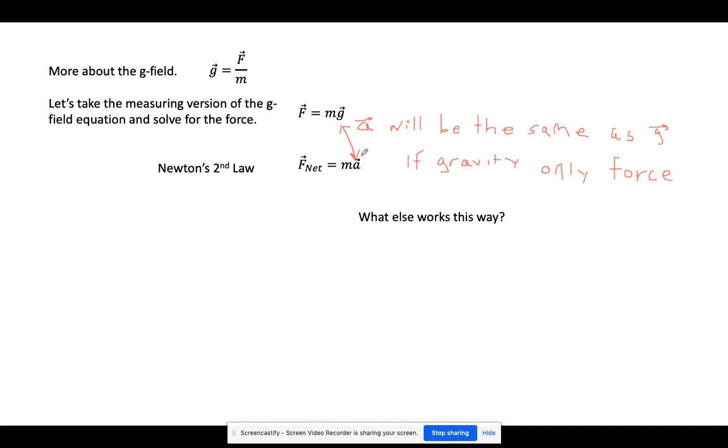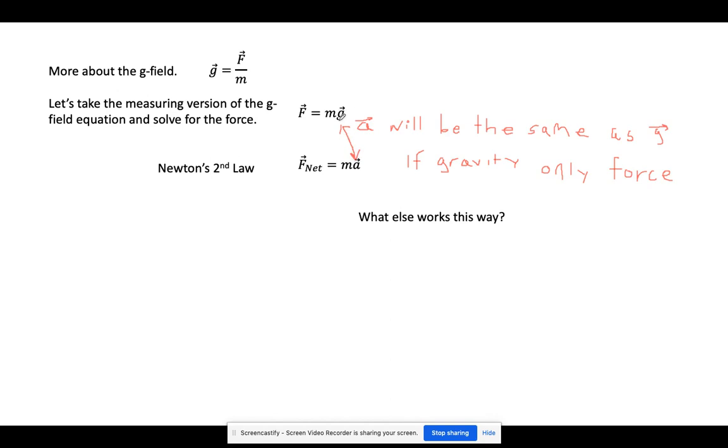When you drop something off of the bleachers, the only thing that is pushing or pulling on that balloon is the earth pulling it down. And so because that's the only force, the a is equal to what g is, which is 9.8. g is 9.8, and because when you drop something off the bleachers, gravity is the only force, that means a is 9.8.